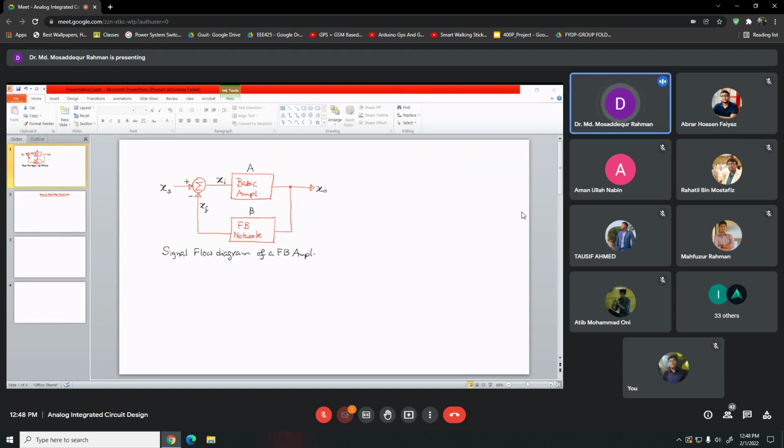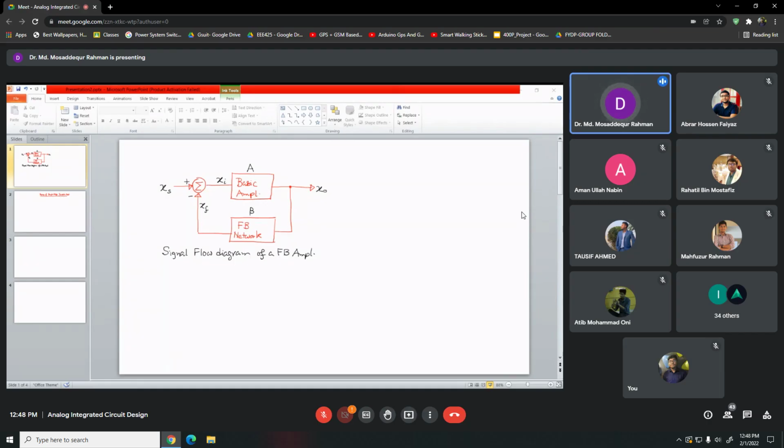Why is it negative? Because the XF part, there is a negative. Right, because the feedback signal is deducted from the source signal.